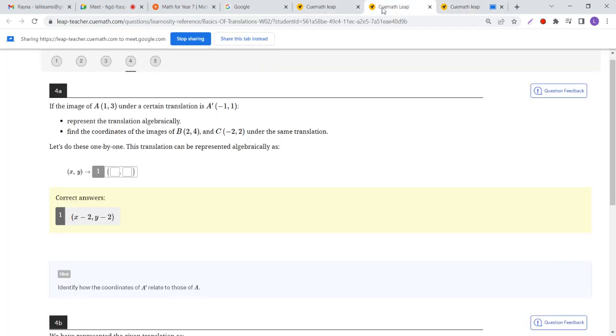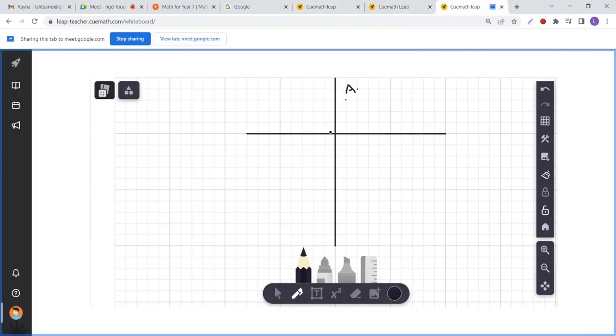And then the next one is C, negative 2 and 2. Negative 2 and 2 would be here. So this is A, this is B, and this is C.